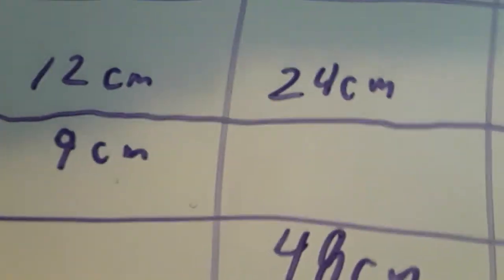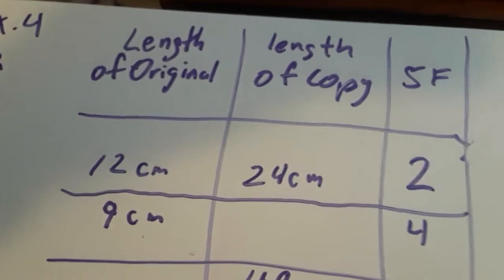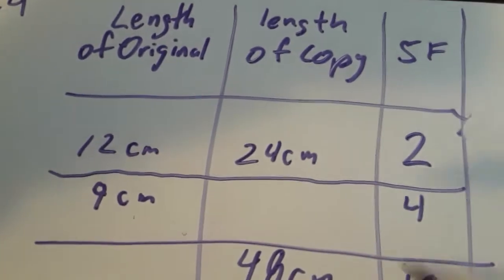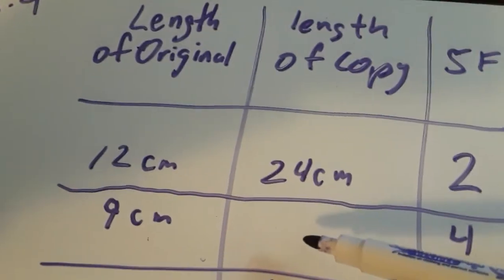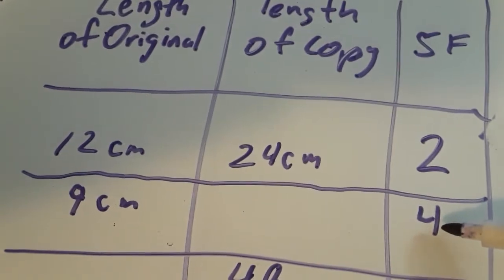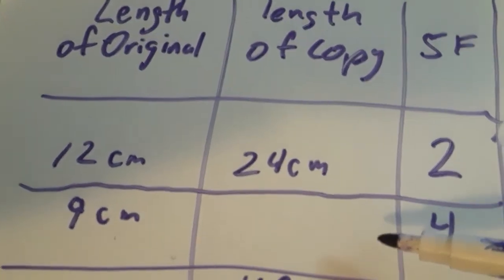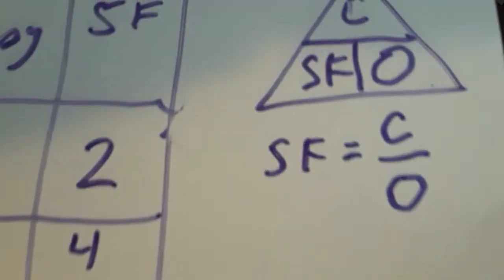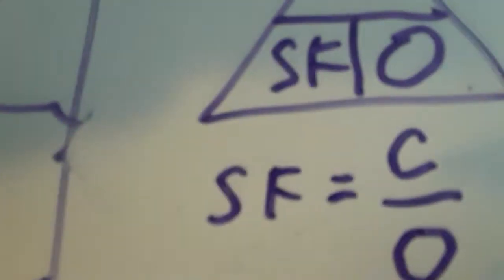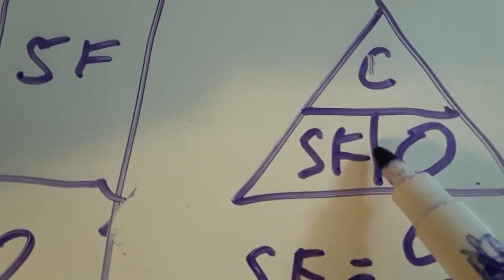So let's take a look at this question here, the second one. We're given the length of the original and we're given the scale factor, so we're looking for the length of the copy. This is how you interpret this triangle. The idea is that this is a multiplication sign.